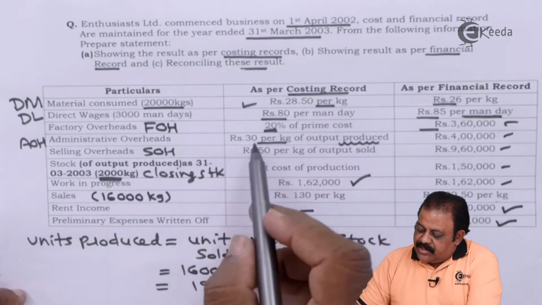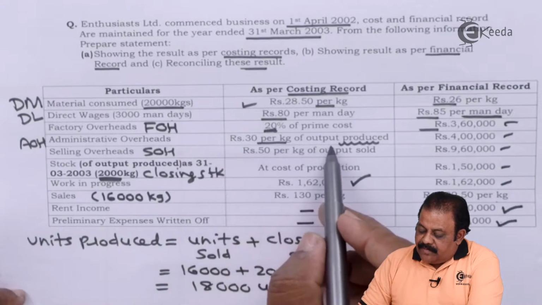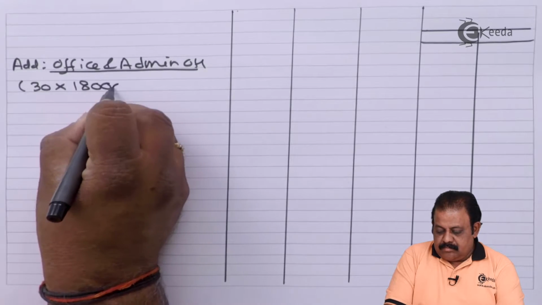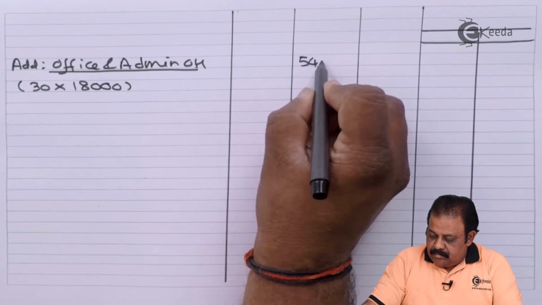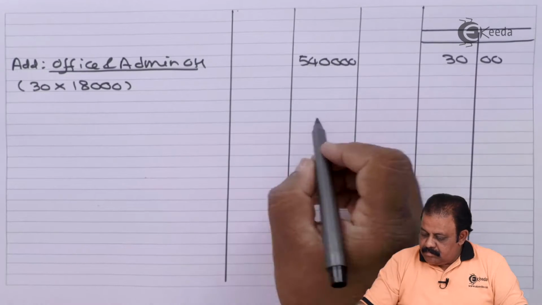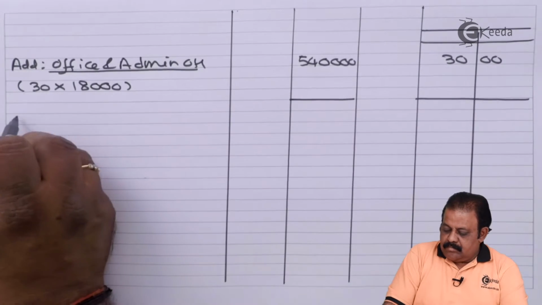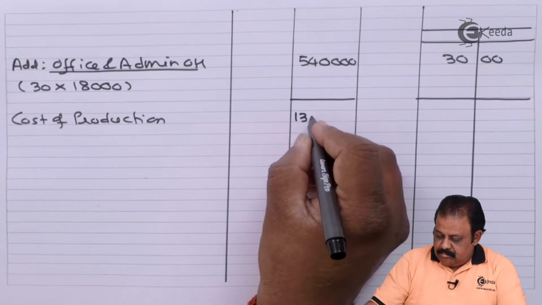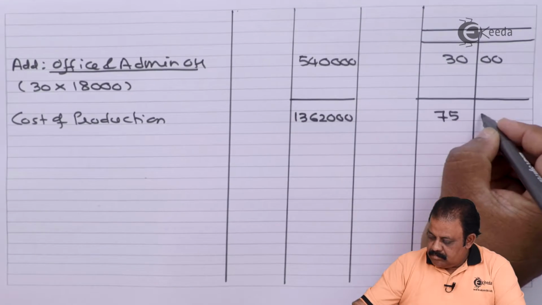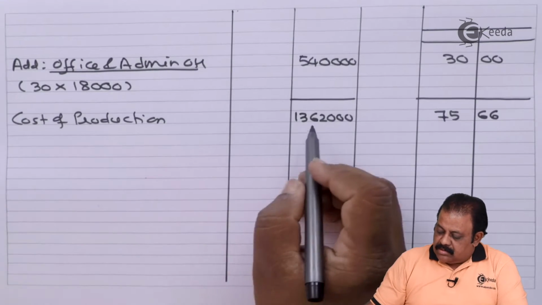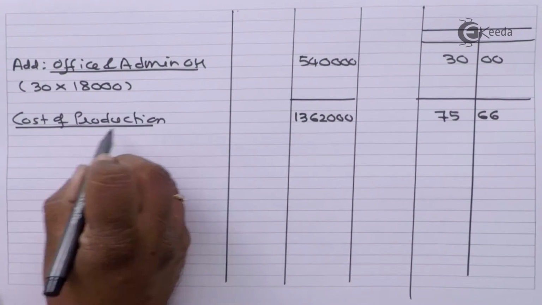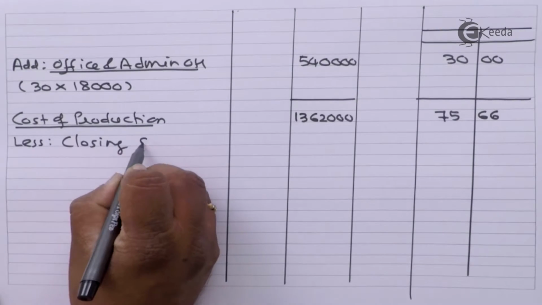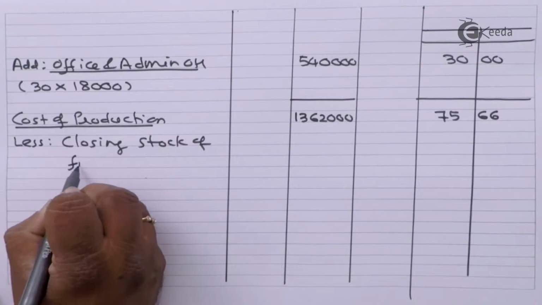Administration overhead as per costing record rupees 30 per kg of output produced. So cost of production we got 13,62,000. From this we are required to deduct closing stock of finished goods.